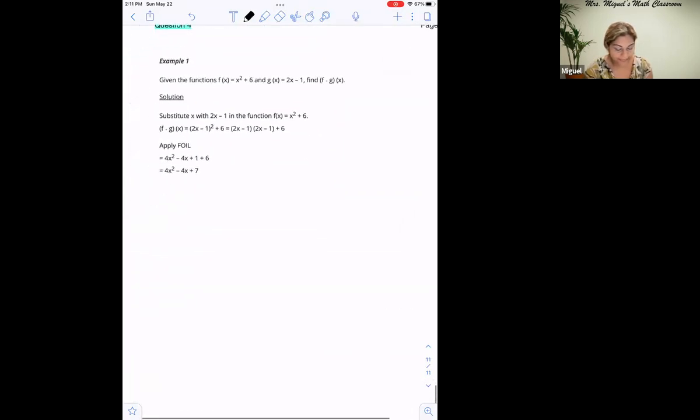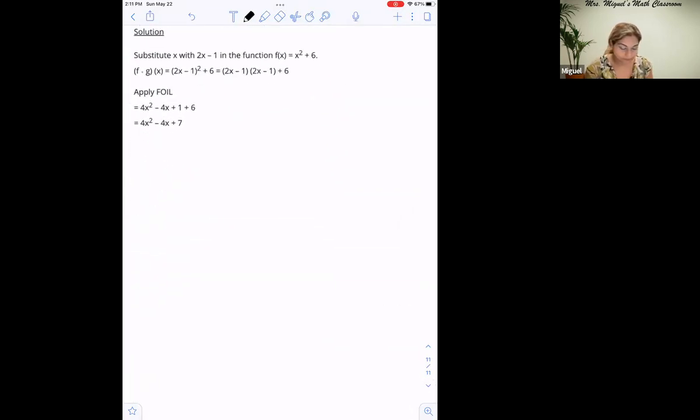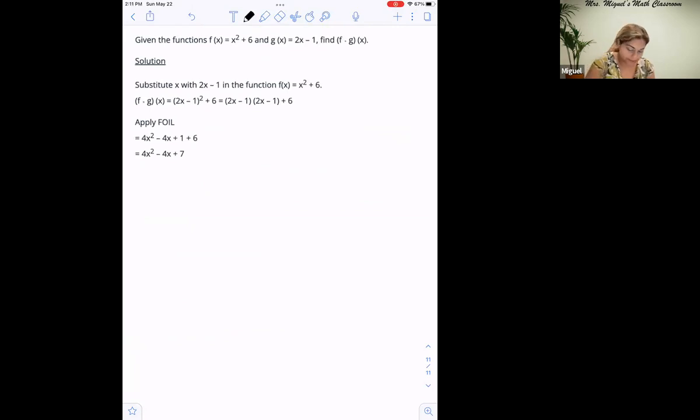So let's make sense out of this. We have two functions. F of x is equal to x squared plus 6, and g of x is equal to 2x minus 1. We want to find f of g of x. So we know we put in the inner in the outer. So the first thing we do, we can write the first function, which is the f function.